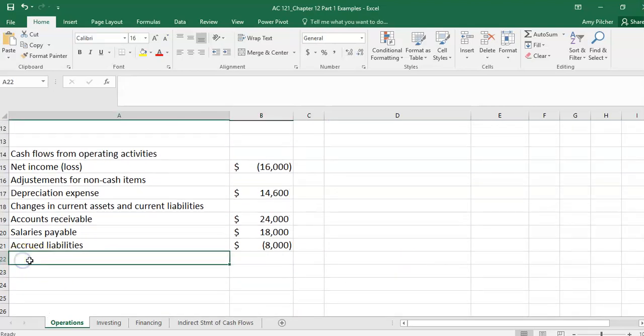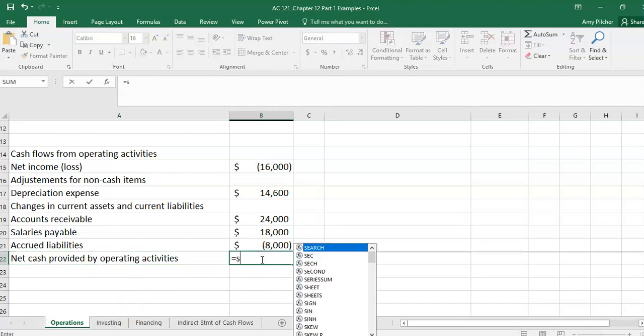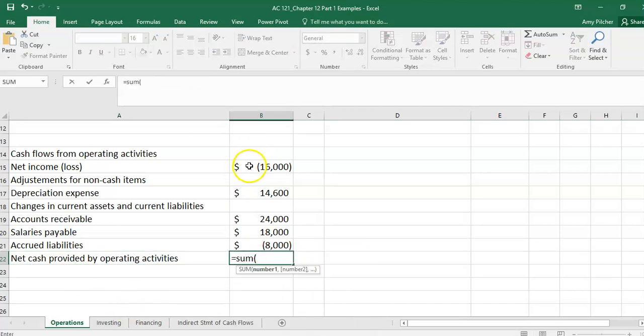So we have our net cash provided by operating activities, and we add up all of these items. If we show the subtractions as negative numbers in Excel, then we just have to add them together and we don't have to add, subtract, add, subtract. So we get the net cash provided by operating activities of $32,600.